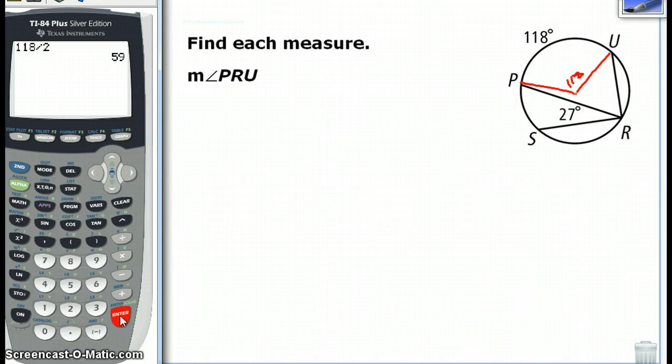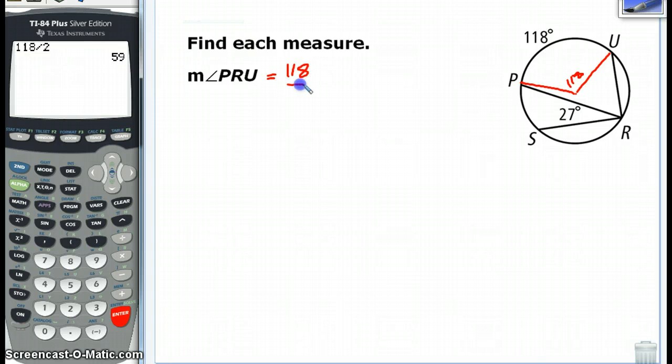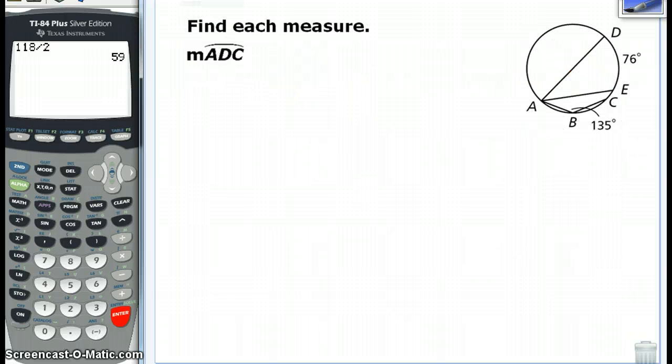I could have done it in my head, but I wanted you to see it. So, the measure of PRU is 118 divided by 2, which is 59 degrees. It's half the measure of the central angle of the arc that it surrounds. So, if the central angle is 118, this one's 59.